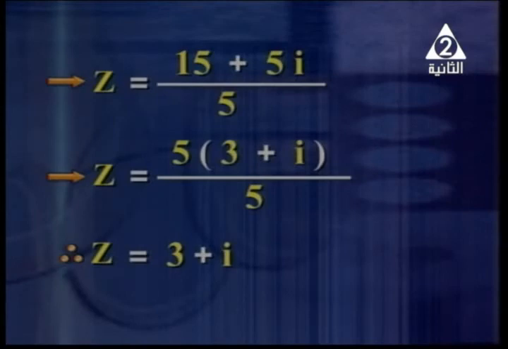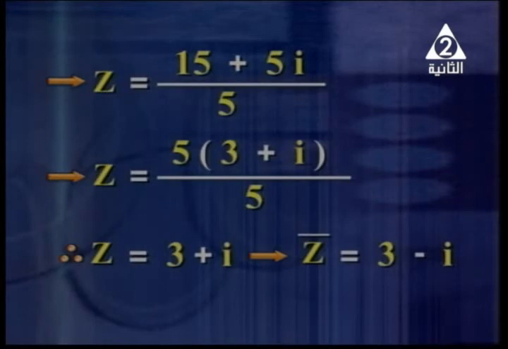What is the conjugate? 3 minus i is the conjugate of z. Remember, dear student, when we find the conjugate of a complex number that contains a numerator and denominator, at the first, we remove the denominator of the complex number by multiplying by the conjugate of its denominator.